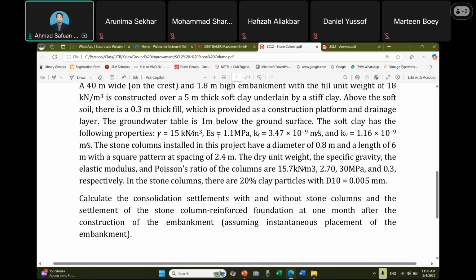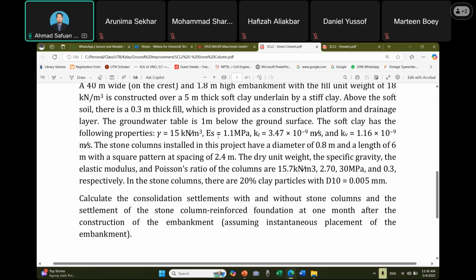Calculate the consolidation settlement with and without stone column and the settlement of the column reinforced foundation at 1 month after the construction of the embankment, assuming instantaneous placement of the embankment.